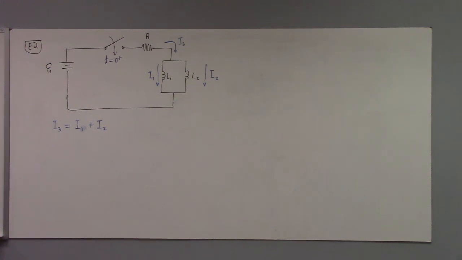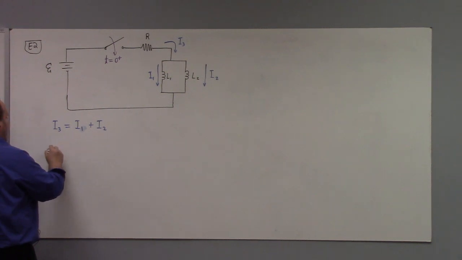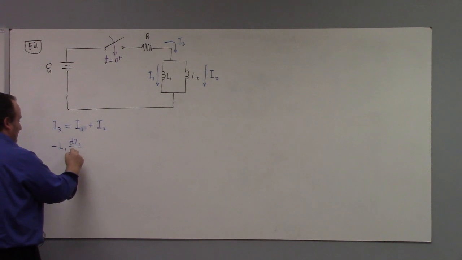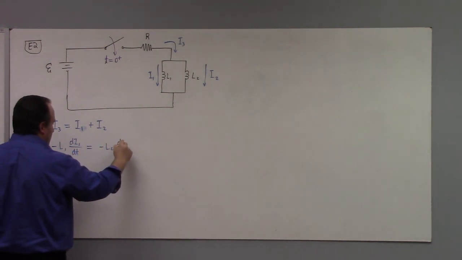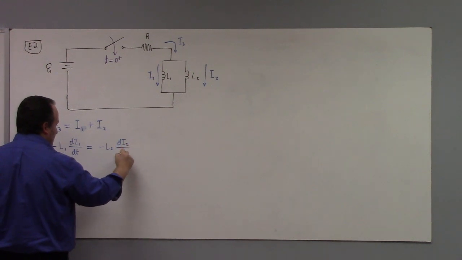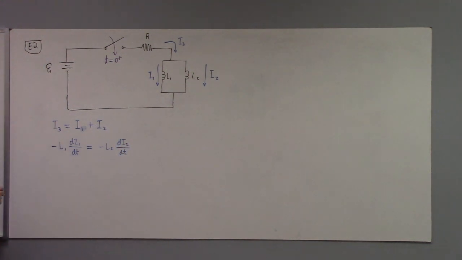What else can you tell me here? How about this? Minus L1 di1/dt is equal to minus L2 di2/dt. Do you guys believe that? Where am I getting that equation from? It's just the voltage across the inductor, isn't it?